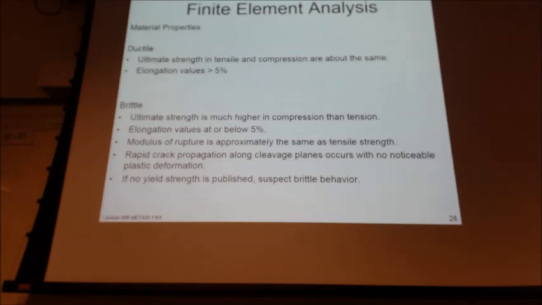So when we're considering ductile materials, we're looking at the ultimate strength and tension and compression are about the same, and we have elongation values that are greater than 5%. If the material is brittle, then it tends to fall into the categories of the bullet statements under brittle.